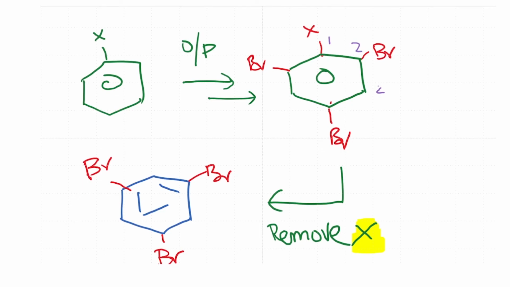In this case, it will be 2,4,6. After you remove the X, you're going to get 1,3,5. This numbering is just for our own convenience here. So if you remove X here, then you get 1,3,5-tribromobenzene. Therefore, this might be a better strategy for us to adopt if we want to convert benzene to 1,3,5-tribromobenzene.